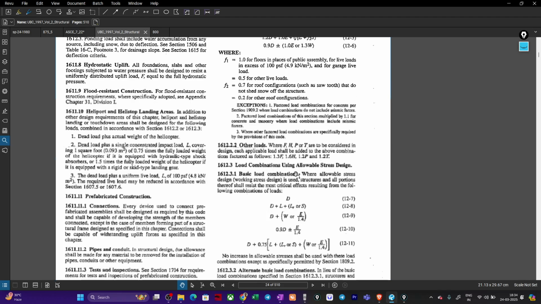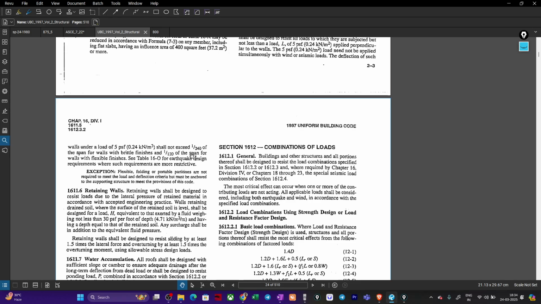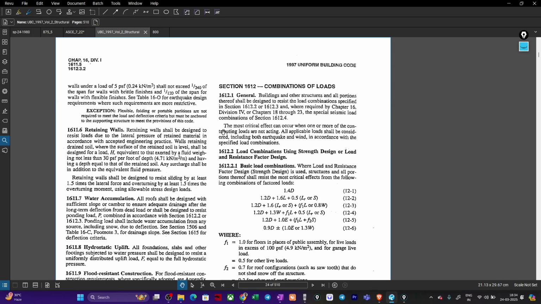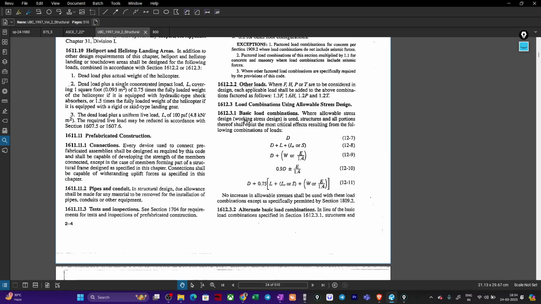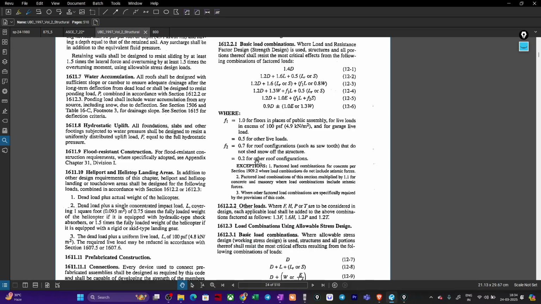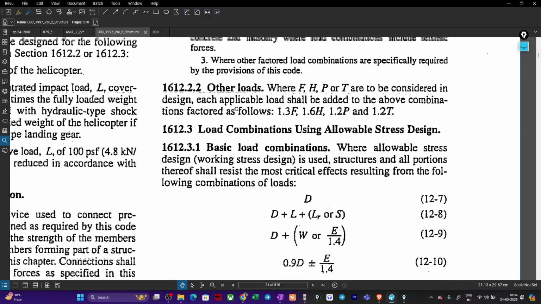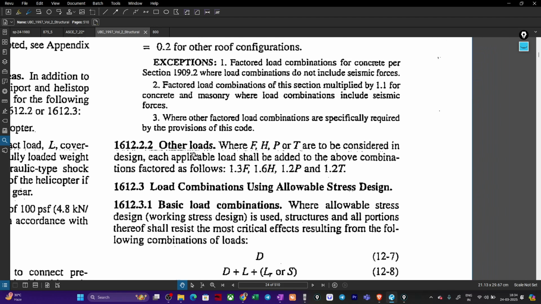So first of all, I will directly jump into this point, 1612.2.2. So it is chapter 16, so you have to come to this section 1612, and here you will find this particular mention. Let me zoom this a bit. So it says other loads, 1612.2.2, other loads where F, H, P or T are considered in design. So F, H, P or T, what are those?